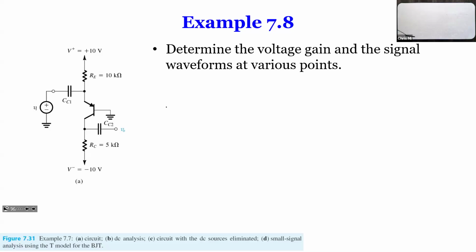So in order to get the actual gain, like what we did for the last example, we have to start doing the DC analysis so that we can get the quantity of IC. And then from there, we can get GM and R pi, right? So once you get that, you move on to small signal, and we short the capacitors, right?